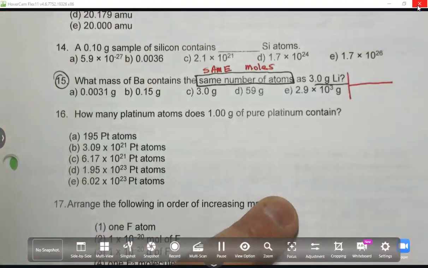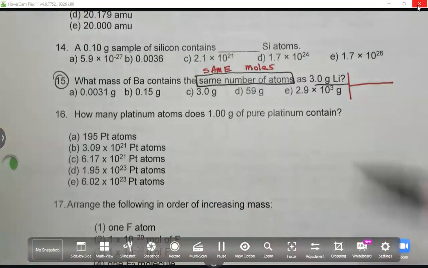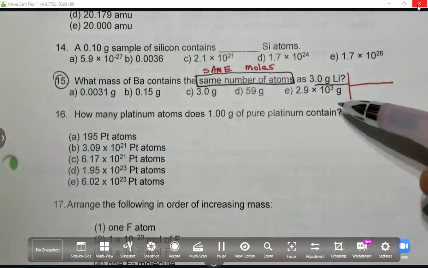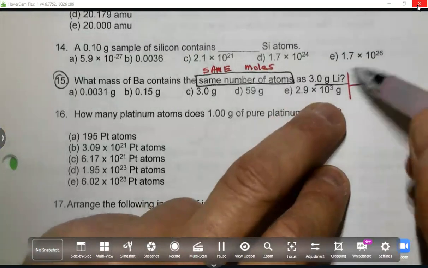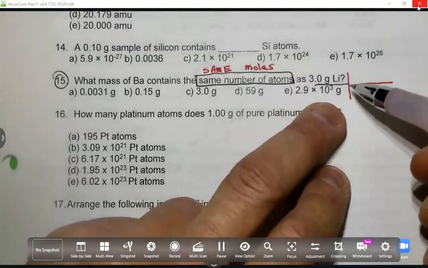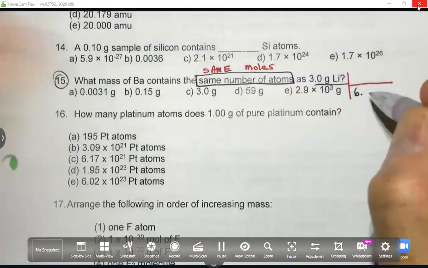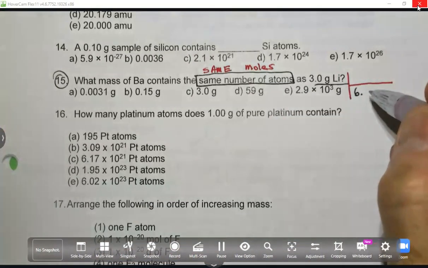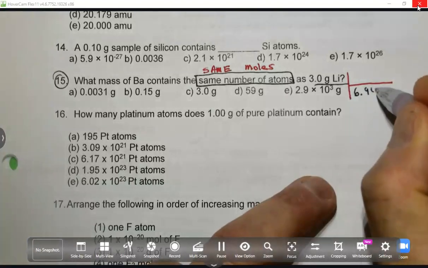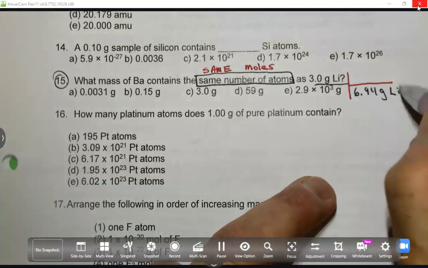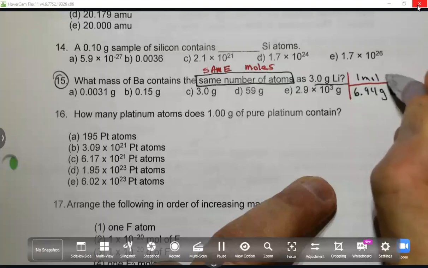So remember, if you're not given moles, 99 times out of 100, the very first thing you should do is get moles. And this is the only way we get the moles anyway. So this right here, 6.94 grams of lithium in 1 mole of lithium.